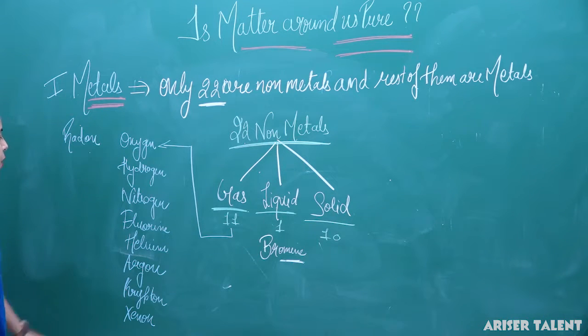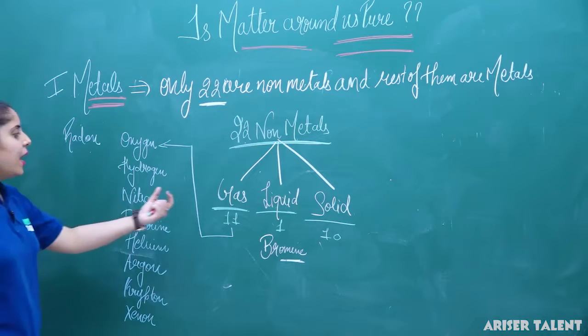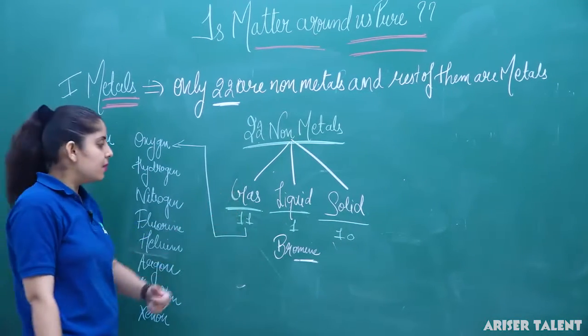These are the gases you have. So, this is 1, 2, 3, 4, 5, 6, 7, 8, 9, and we have 11 gases here. Clear?